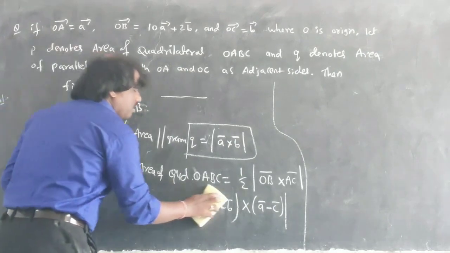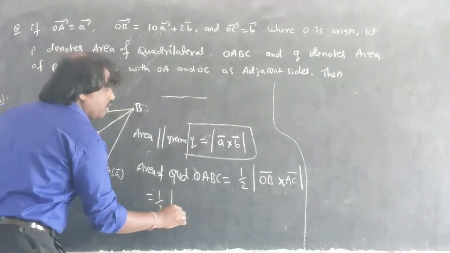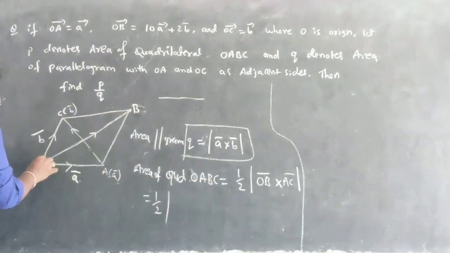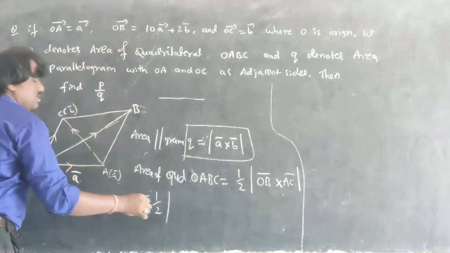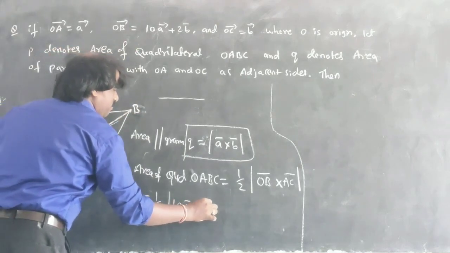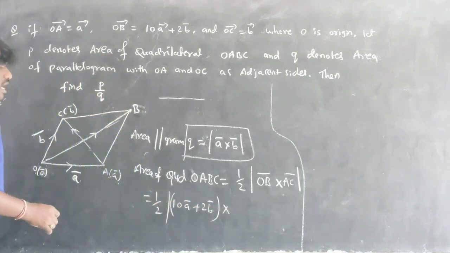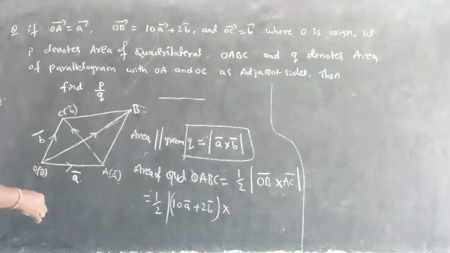And here what I am going to get, this value will be half into the OB vector. OB vector is given as 10A vector plus 2B vector, that is what they given in cross, and they given AC vector. What is AC vector?